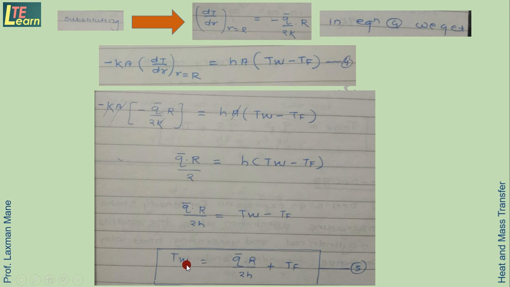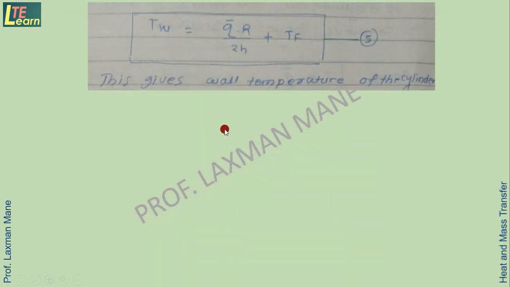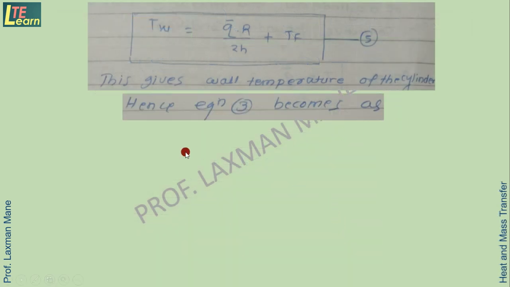Further, we write this expression in the form of Tw, the wall temperature, as equation number 5. Now this gives the wall temperature of the cylinder.